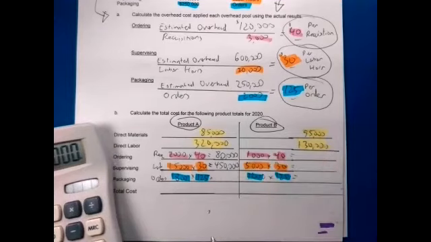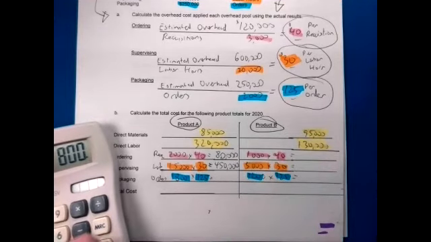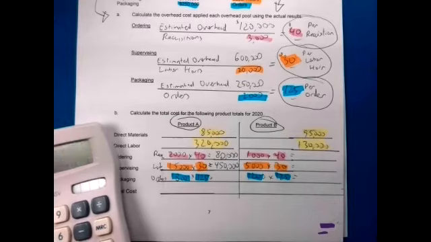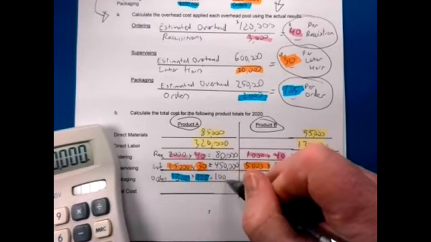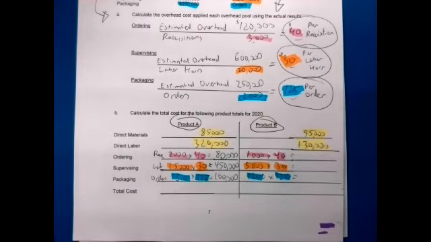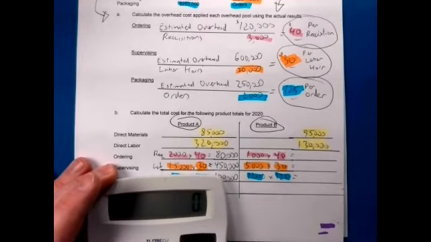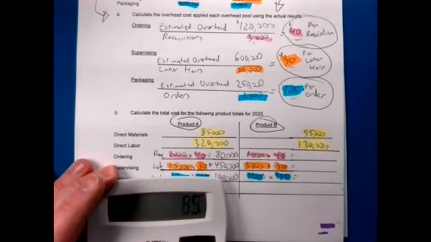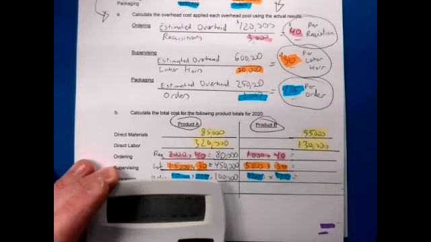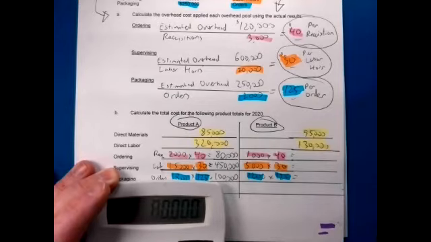And 800 times 125. And so we're just going to add all those up. $85,000 plus 320,000 plus 80,000 plus 450.